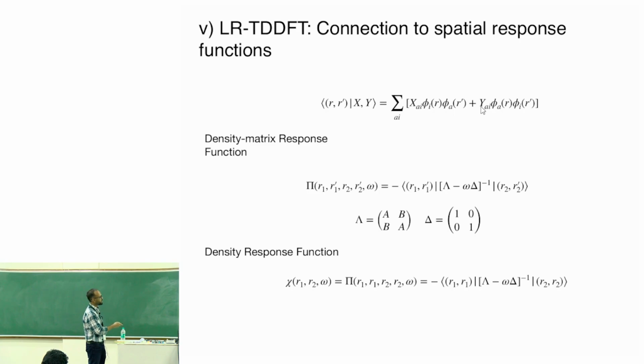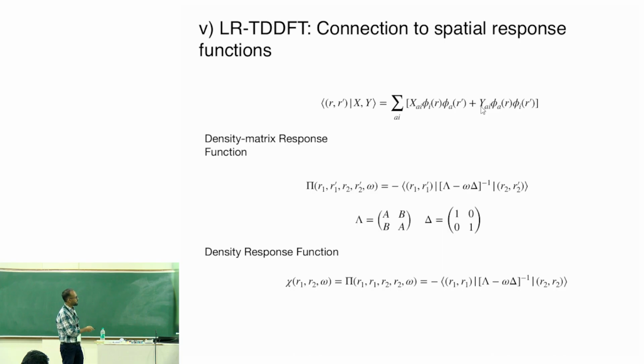Okay, so this is a compact way of writing this. Now, just like if you remember the relation between density and density matrix, right? So rho of r is p(r, r'), where r and r' are equal. In a similar fashion, you can get the density response function by taking the diagonal of the density matrix response function.